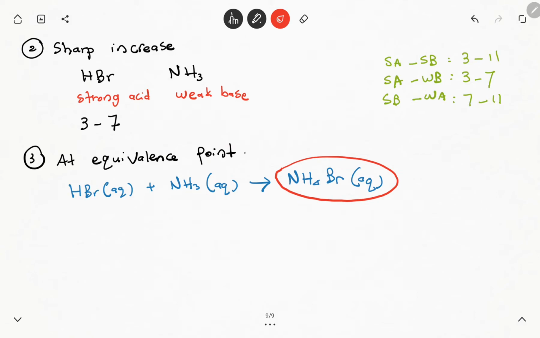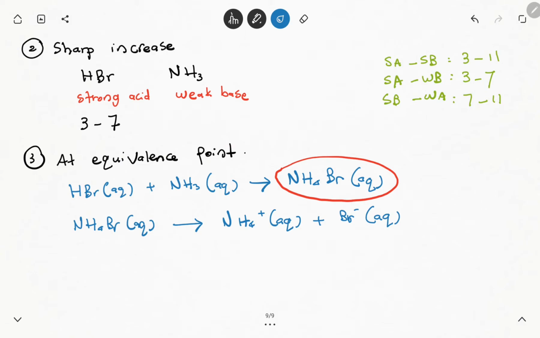So the pH of the solution in the conical flask at equivalent point is determined by the pH of the salt, which is NH4Br. So we need to identify whether the NH4Br is an acidic, basic, or neutral salt.